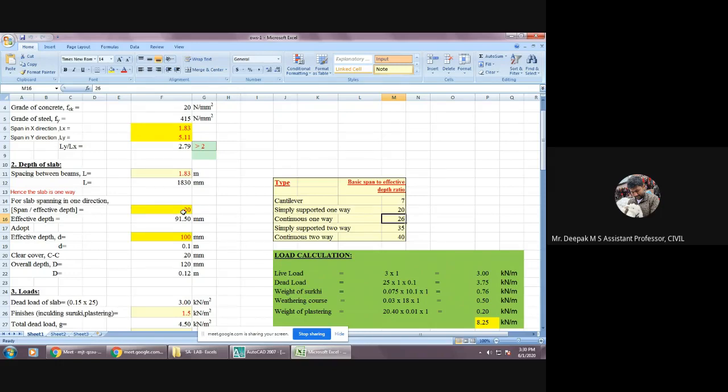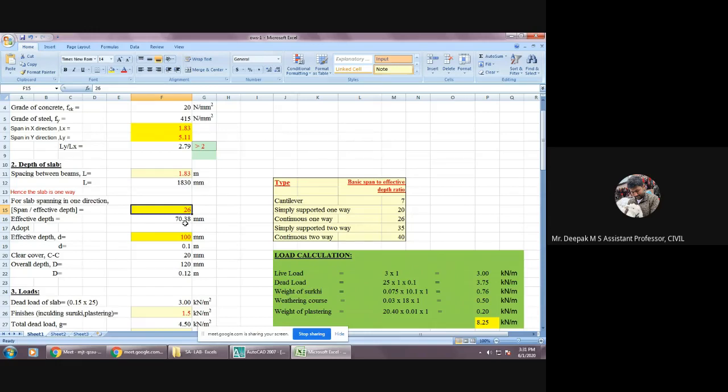Since ours is a continuous one way, here I am giving the data as 26. So this is a constant. The variable, you must consider from the IS 456 2000 code book. Now the effective depth is 70.38 mm.